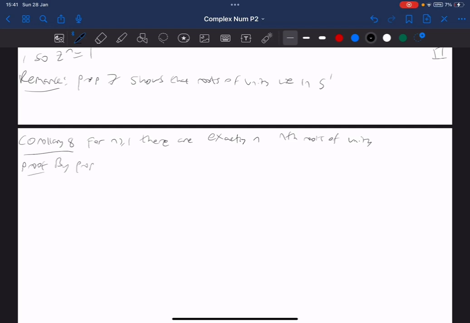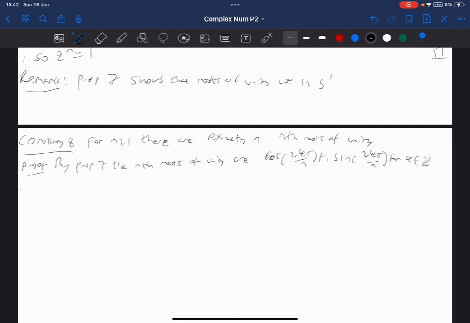So by proposition 7, the thing that we just did a moment ago, the nth roots of unity are cos of 2k pi over n plus i sine of 2k pi over n for any integer k that we like.